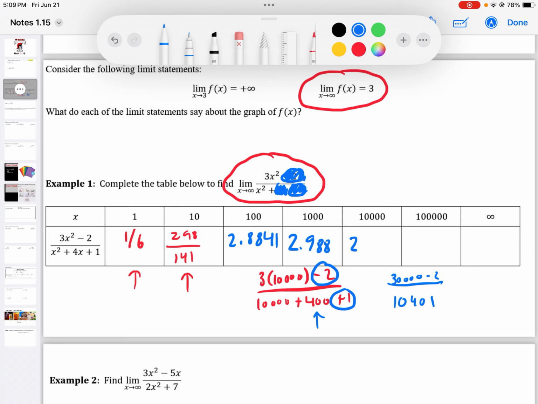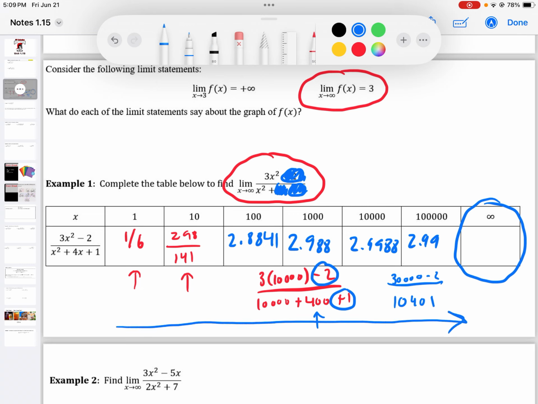And I'm going to fill in the rest of these quickly. It starts to level off, right? Y'all notice? And so what would you think the limit is, or what are these values approaching as I plug in huge and huge numbers? And the answer is going to be 3.